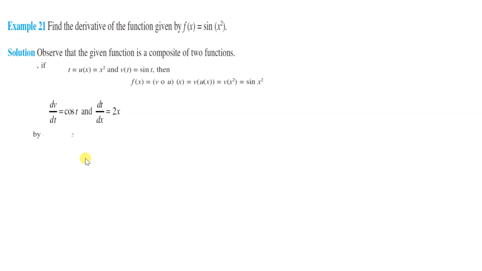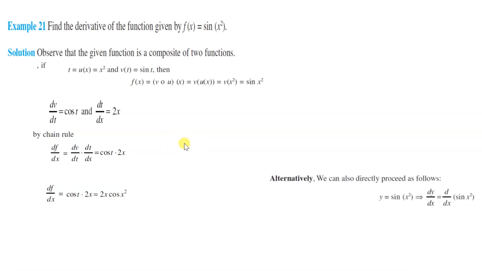So we can write df by dx is equal to dv by dt multiplied by dt by dx, that is cos t into 2x. Then replace t by x square, we get cos x square multiplied by 2x. Or we can do it directly: we have to differentiate this y with respect to x.